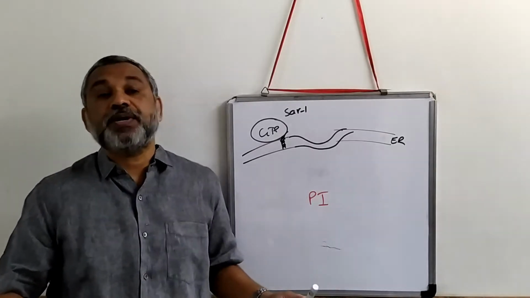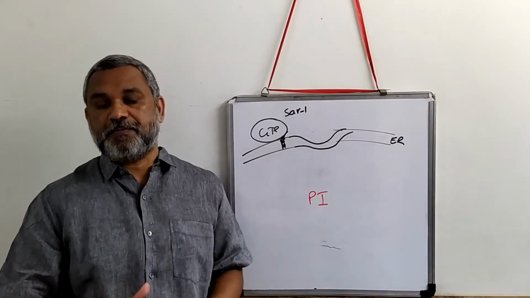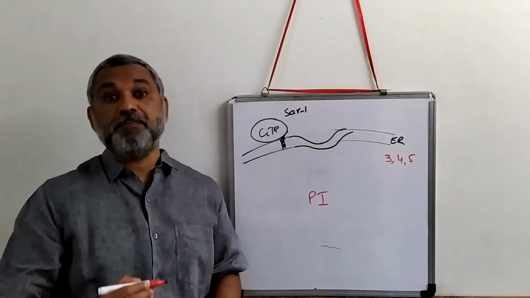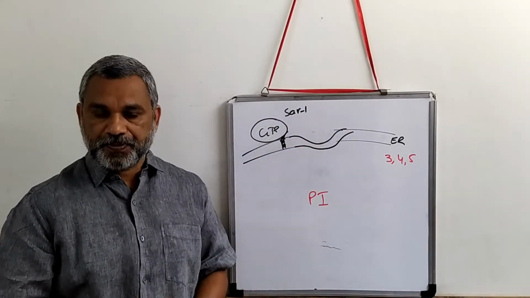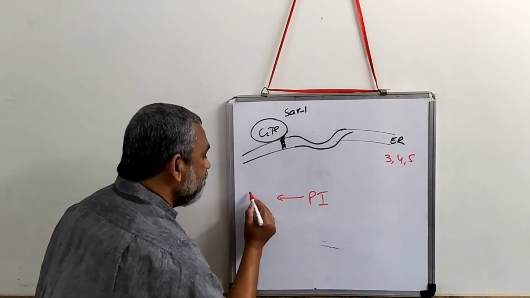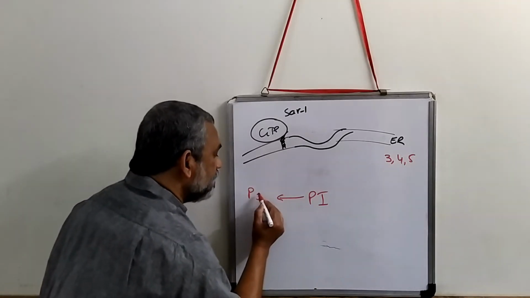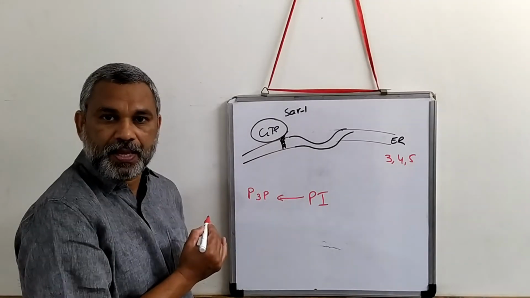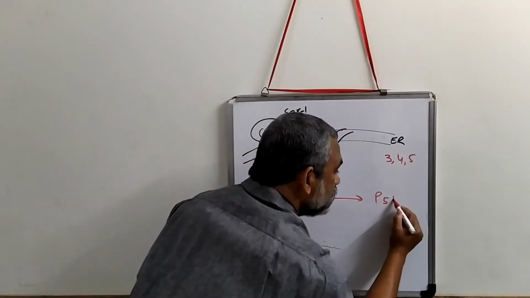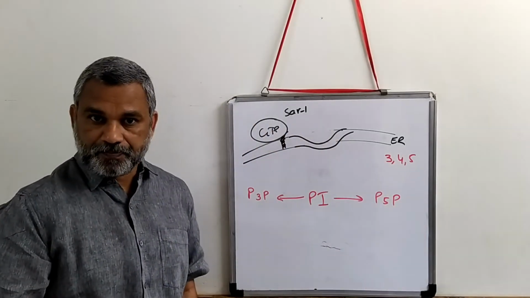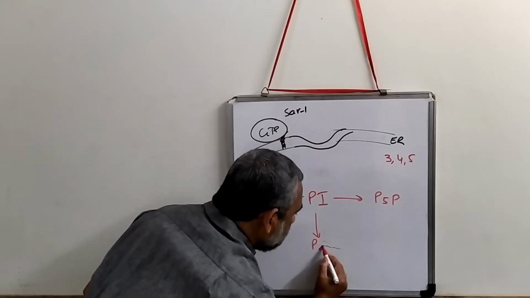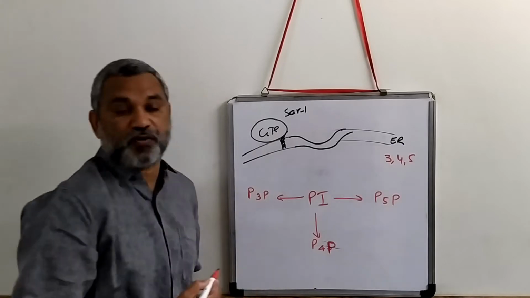Now phosphatidylinositol can be phosphorylated at 3 different places, and these 3 places are 3, 4, 5. That is important for us today in order to understand this. If it is phosphorylated at the 3rd place, we say phosphatidylinositol 3-phosphate. If it is phosphorylated at the 5th place, we say phosphatidylinositol 5-phosphate. If it is phosphorylated at the 4th place, phosphatidylinositol 4-phosphate.